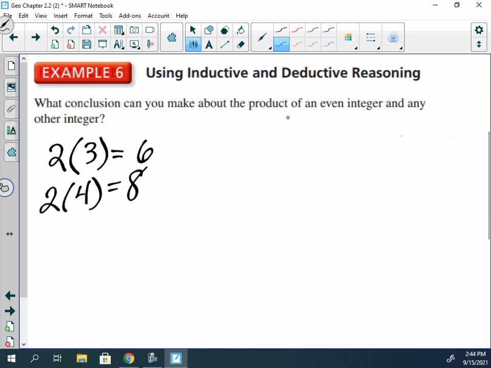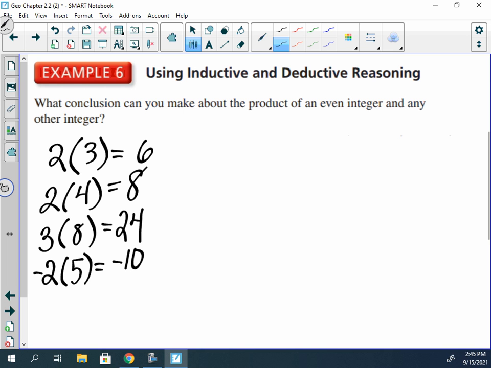Okay, I just keep on hearing 3. Oh, okay, yeah, no. Because we could do 3 and 8. And 3 times 8? 24. Well, let's just do, say, negative 2 and 5. Negative 10. What is in common with all of these numbers here?